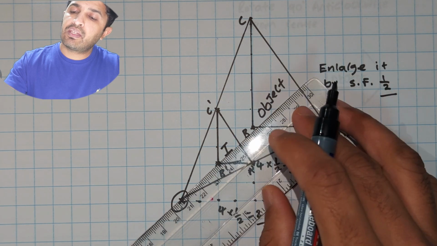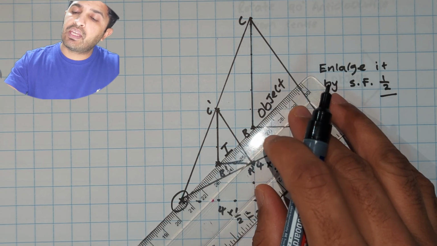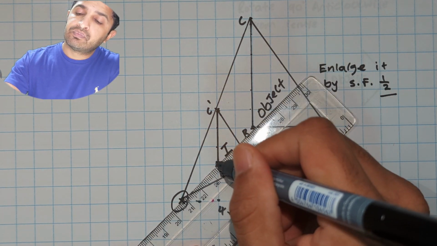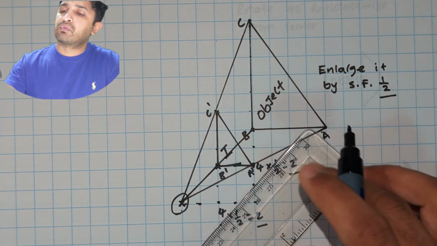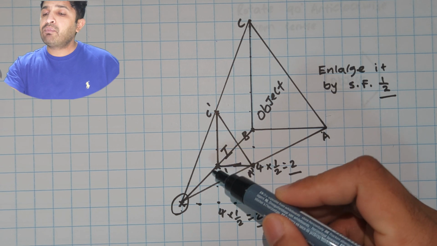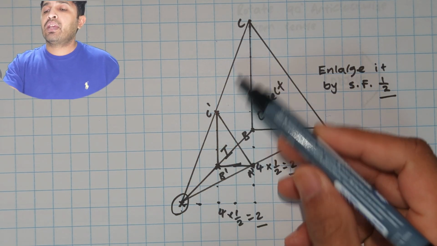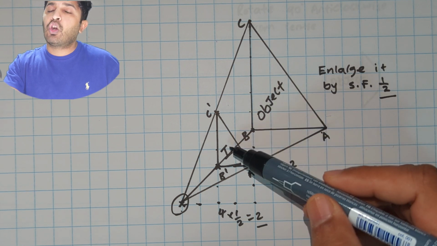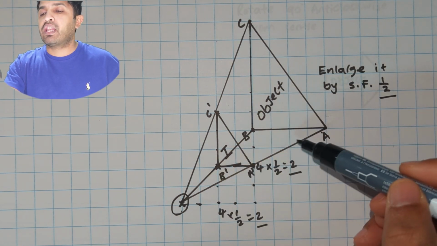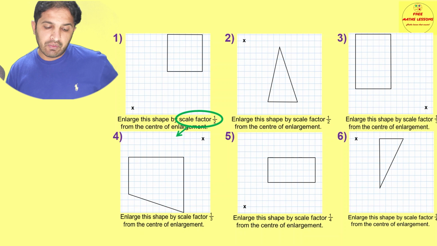B prime and the center should be in the same straight line as well. So anytime you enlarge the shape and draw these lines of enlargement, your enlarged shape and the object should be within those straight lines. So here are some questions that you can have a go at.